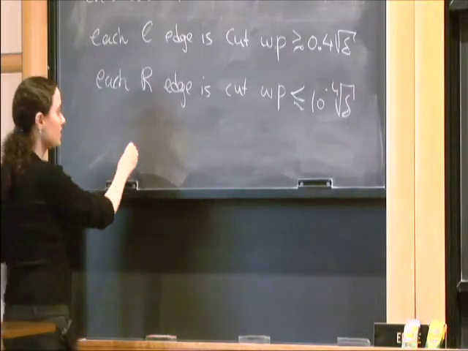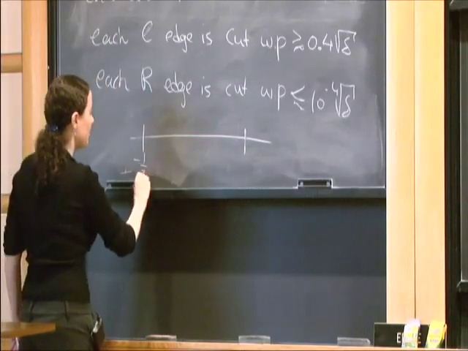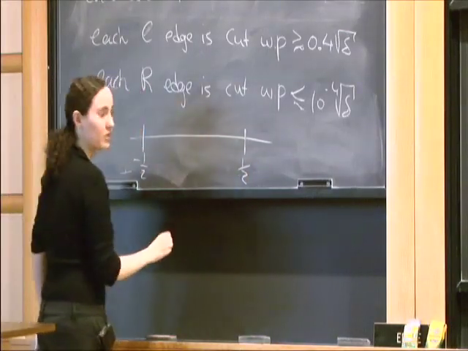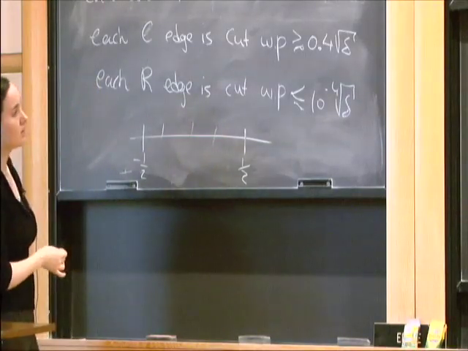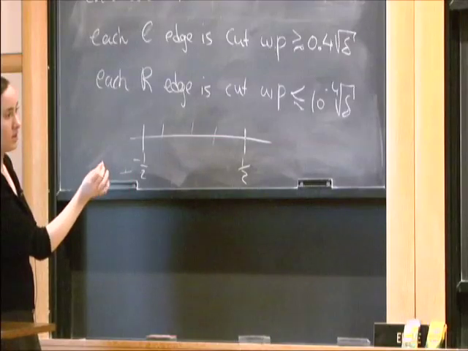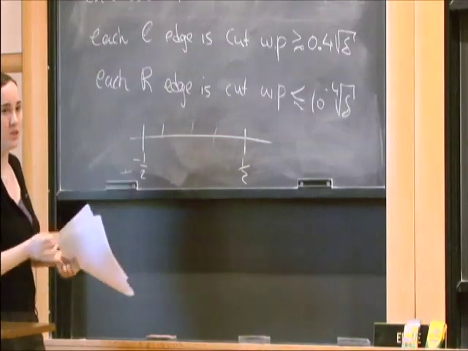I know that all my EXs are between minus half and half. Everything falls here. And I know that the red edges are far apart, and the blue edges are close.